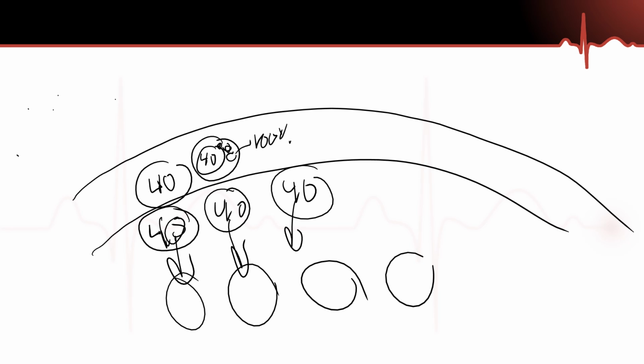By that I mean the partial pressure of oxygen within the blood plasma and within the intracellular fluid of the red blood cell will, over time, as more and more oxygen moves into the interstitial fluid, and this is happening as the blood moves along the length of the capillary as well, as more and more oxygen goes into the interstitial fluid from the blood collectively, eventually they're all going to get stuck at 40 millimeters of mercury, because that's what the interstitial fluid is, and you can't go any lower than that.